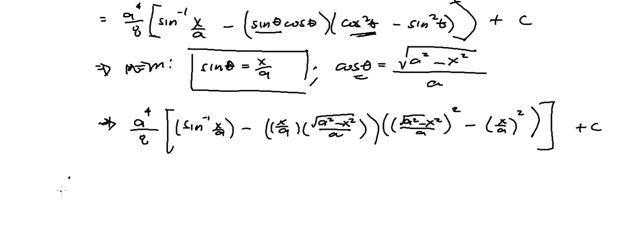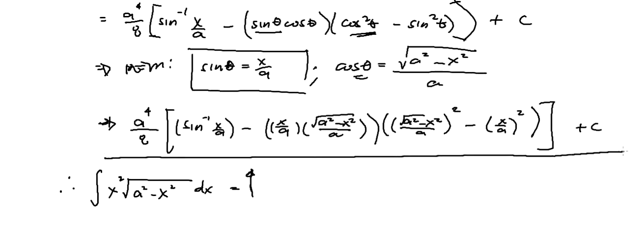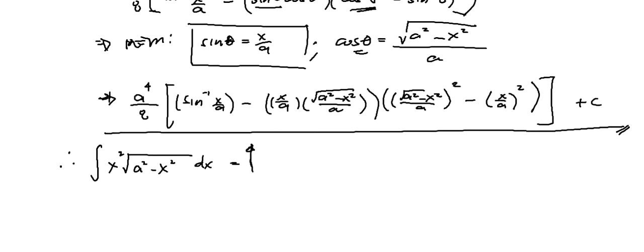Therefore the integral of x squared square root of a squared minus x squared dx is this one, using the trigonometric substitution.